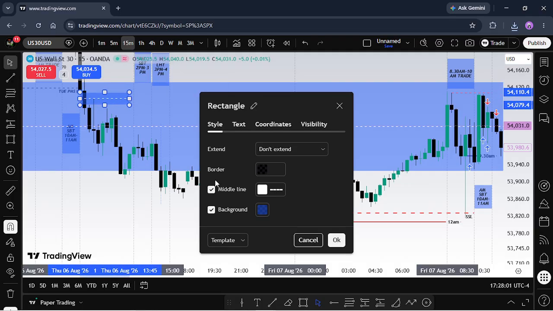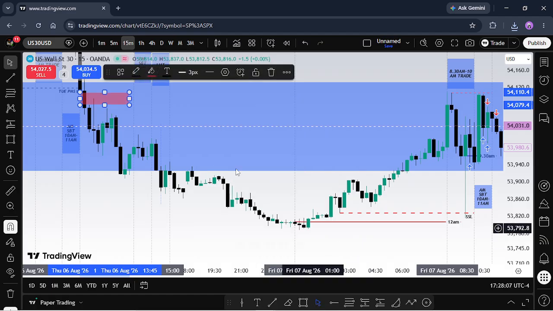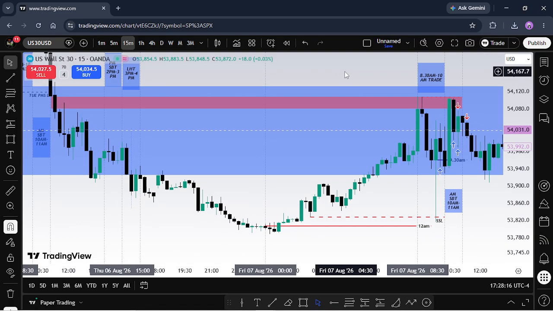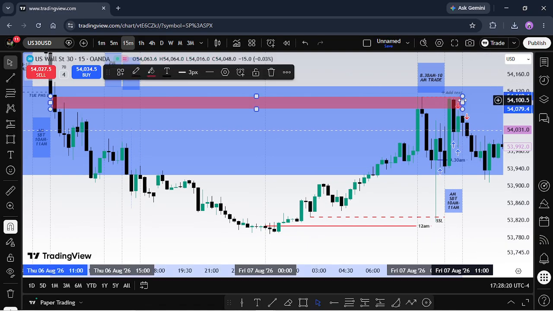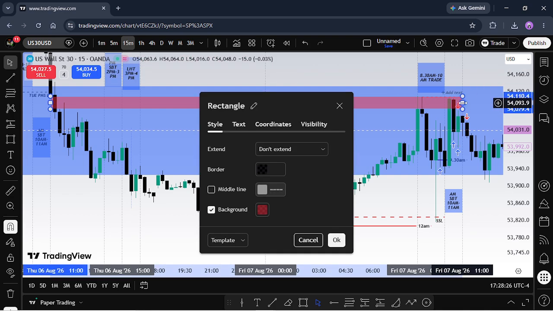Let's remove the midpoint. Let's make it reddish. Oh yeah. But then the bodies just came in there. Interesting.